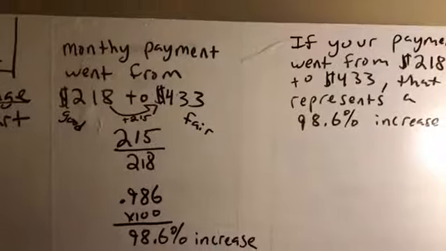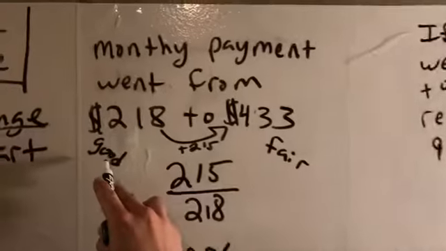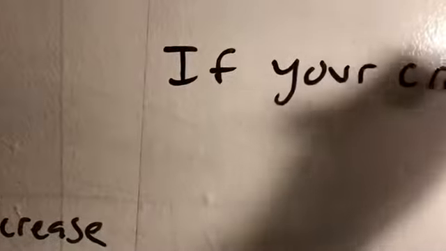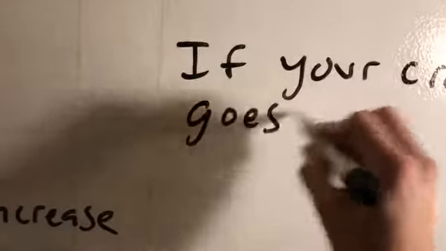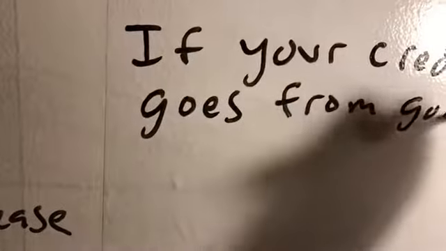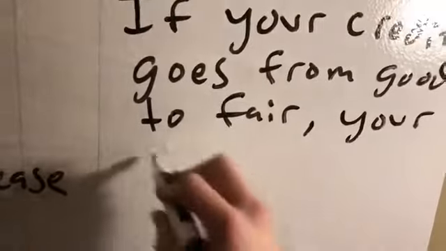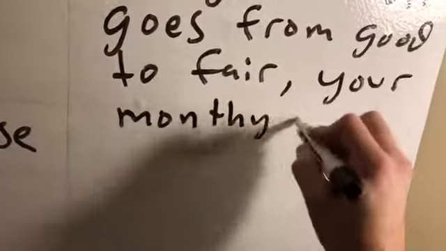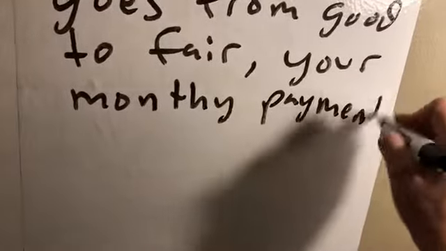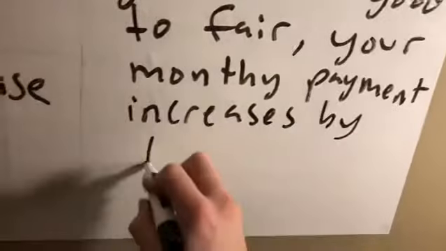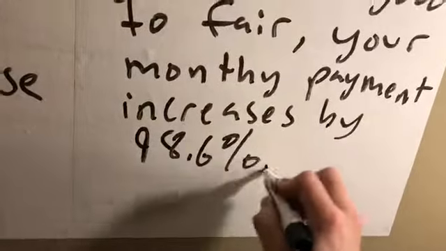The way you could turn this into a solid sentence is maybe this was the payment from good credit and this was your payment from fair credit. So you could say, if your credit goes from good to fair, your monthly payment increases by 98.6%.